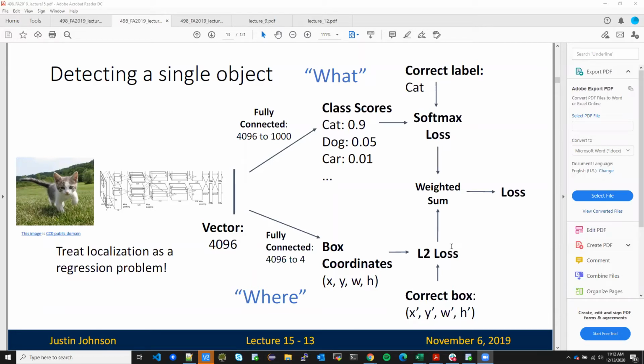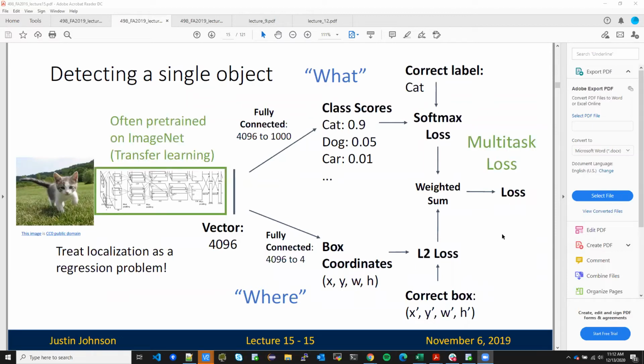Because we have the what and the where, you have to combine these 2 losses, and here he just does a weighted sum of the 2 losses. Then you try to minimize the weighted loss. Many times this part is just a network pre-trained from transfer learning.